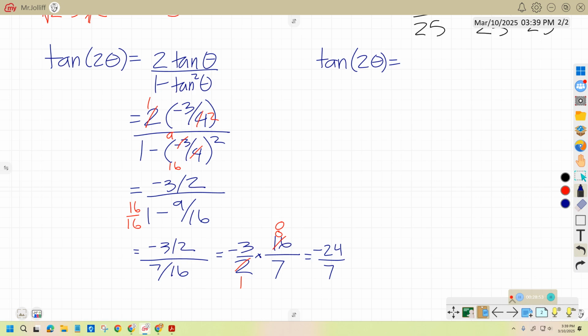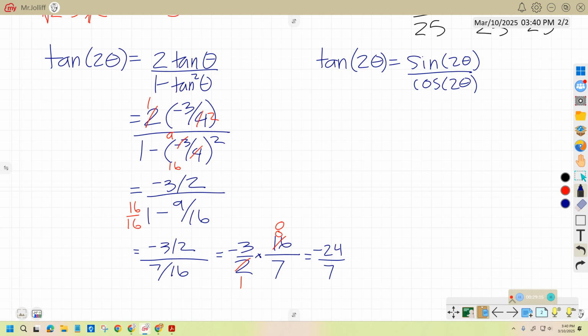If we already know sine of 2 theta and cosine of 2 theta, what's the definition for tangent? The very first one we learned. Sine over cos. Yeah. We can bypass the double angle formula here. Yeah, there is a shortcut because I already have those 2.